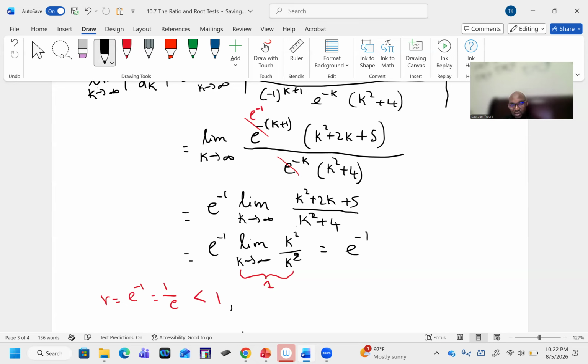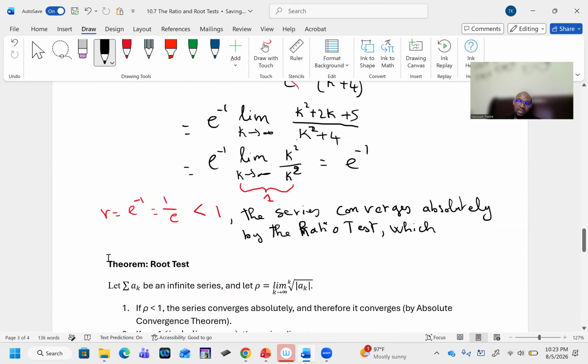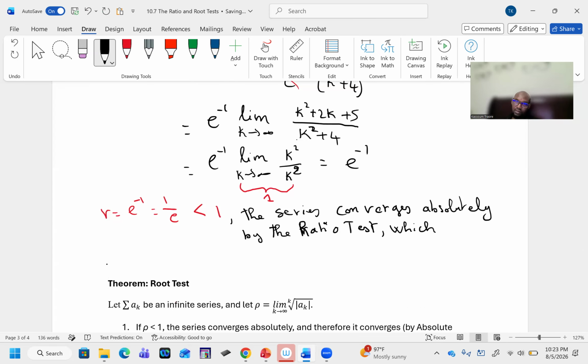Therefore, the series converges absolutely by the ratio test, which implies that the series converges.